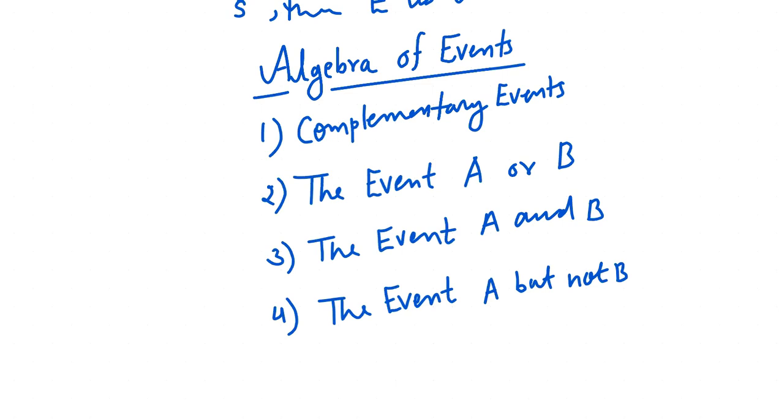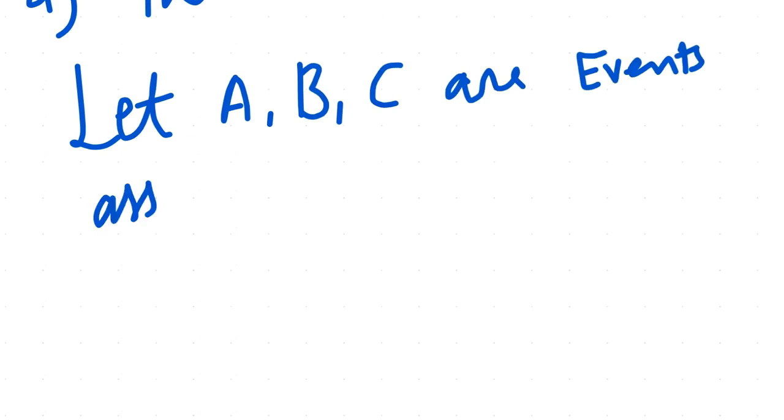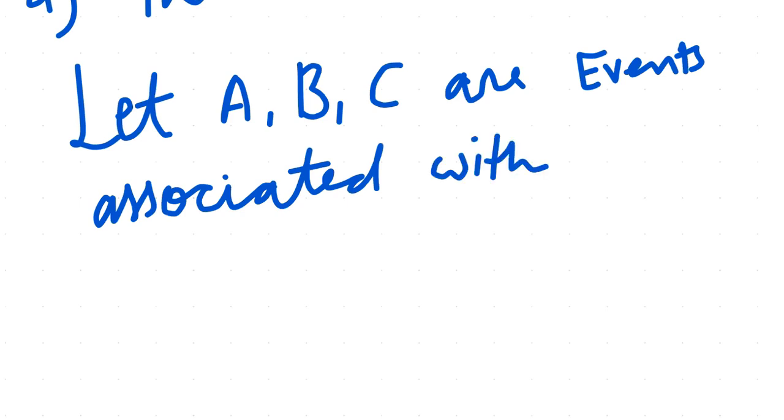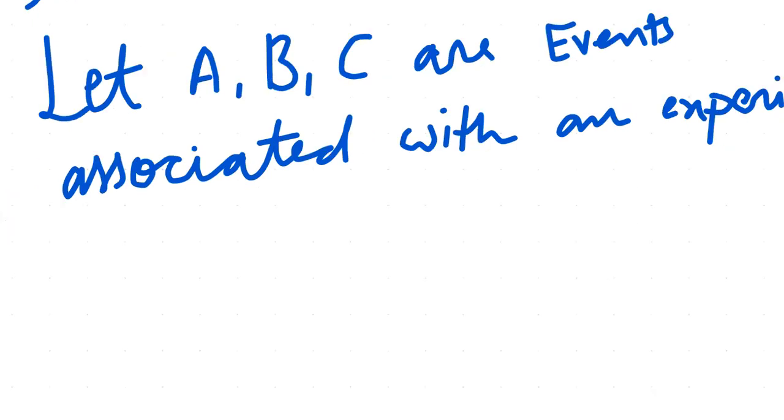Let us start. Let A, B, C be events associated with an experiment whose sample space is S. I'll explain each and everything.